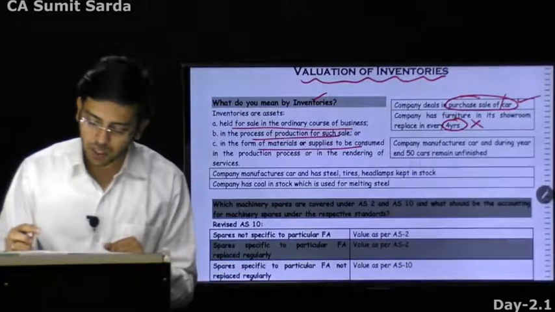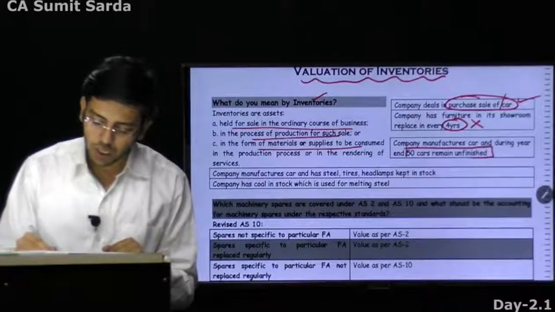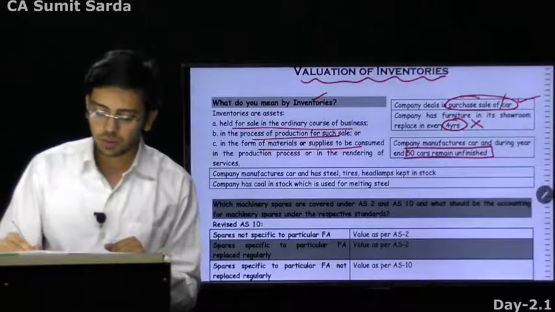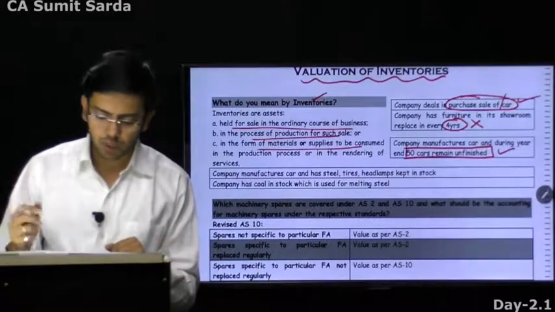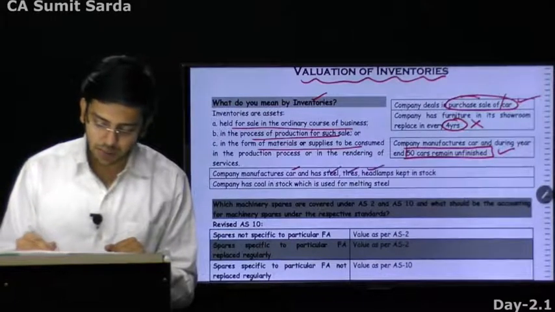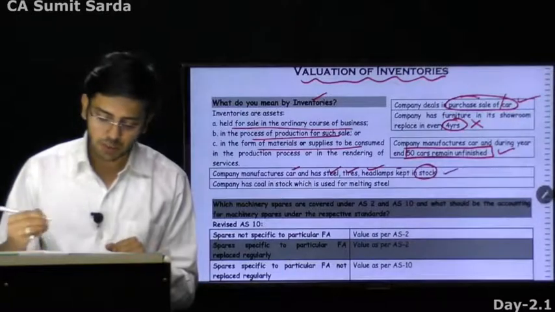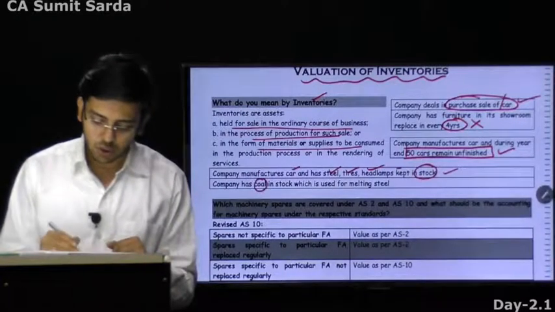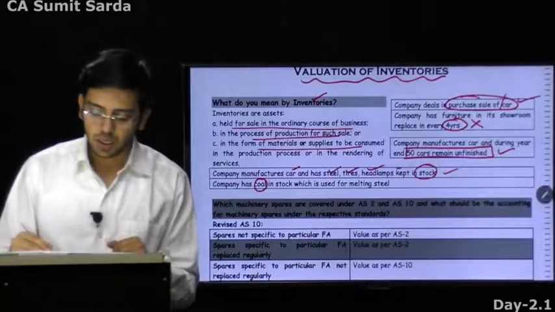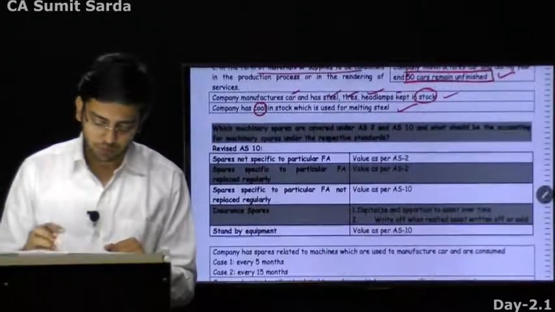Next one, company manufactures cars and during the year 50 cars remain unfinished. Do we classify them as inventory? Yes, they are WIP. Company manufactures cars and has steel, tires, headlamps kept in stock. Raw material, so we classify them as inventory. Company has coal in stock which is used for melting steel. Again, supplies which are used are classified as inventory.